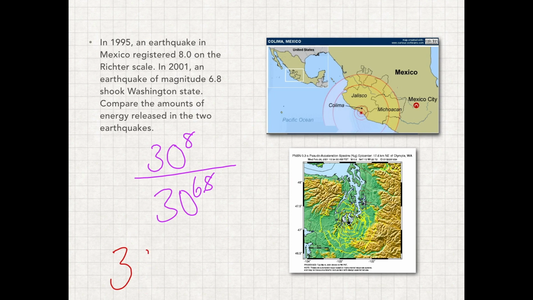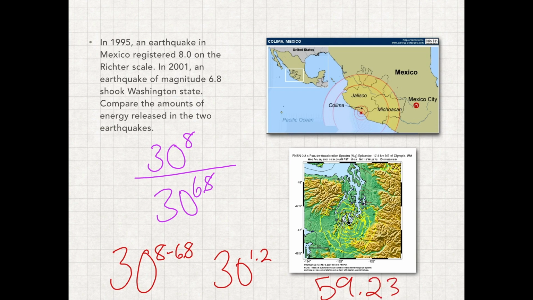Let's rewrite that. 30 to the 8 minus 6.8, which means 30 to the 1.2, which ends up getting you 59.23, meaning the earthquake in Mexico is 59.23 times bigger than the earthquake in Washington.